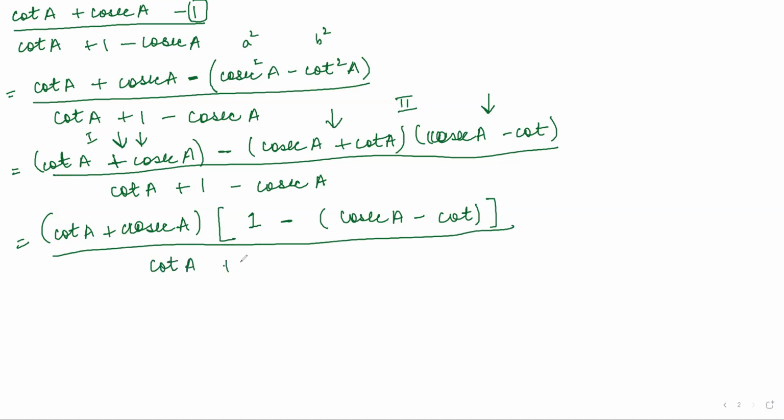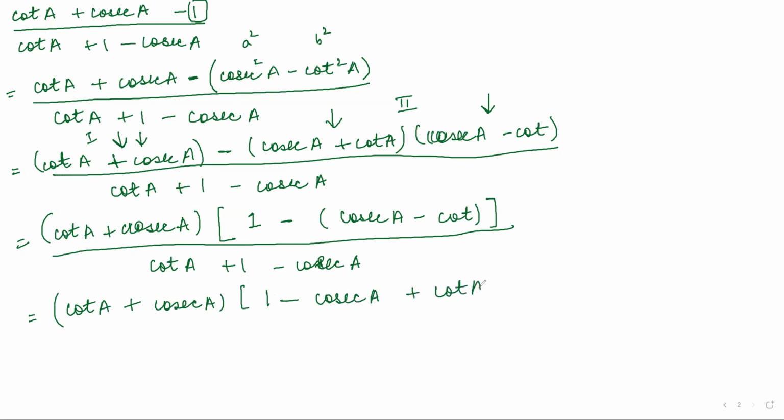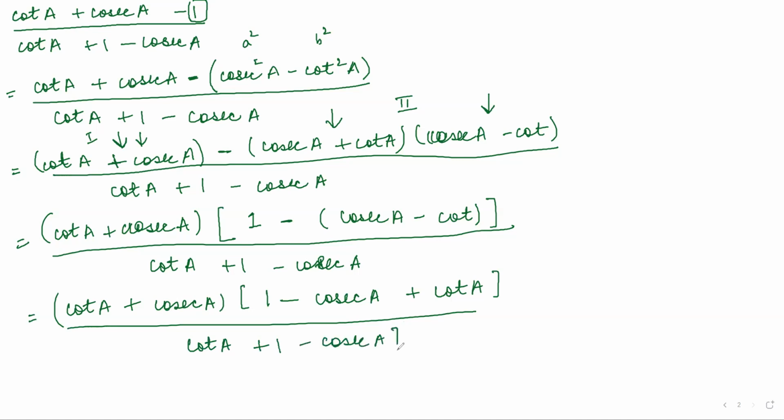So cot of A plus 1 and minus of cosec A. So I'm not disturbing the denominator. Now let us open this bracket in the numerator. Let's see what I get. Cot A plus cosec A, and here 1 minus cosec A and then minus minus plus cot of A, right? And then divided by cot of A plus 1 minus of cosec of A.